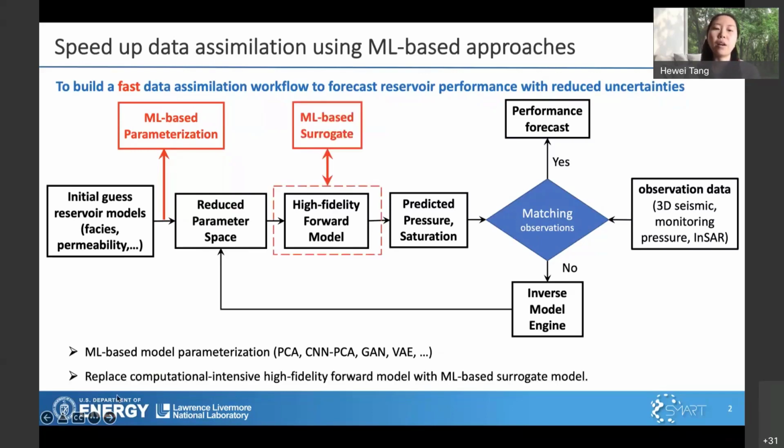The second part is to reproduce the computationally intensive high fidelity forward model with a machine learning based surrogate. This can significantly reduce the computational cost of this workflow, since this part is usually the most computationally intensive one. So in this presentation, I will mainly introduce how machine learning techniques play a role in these two parts.